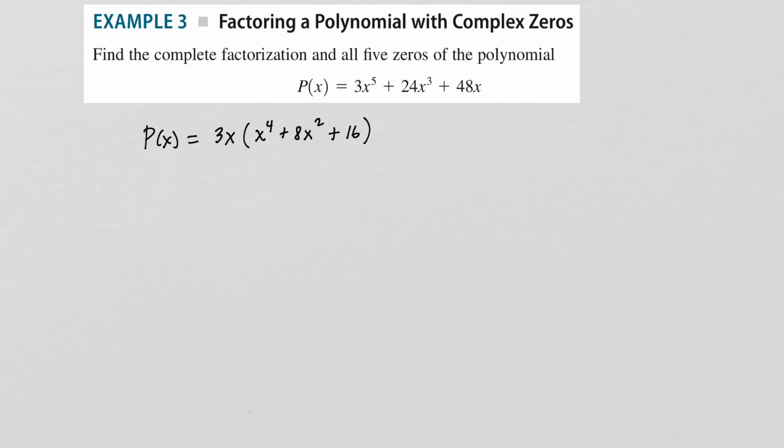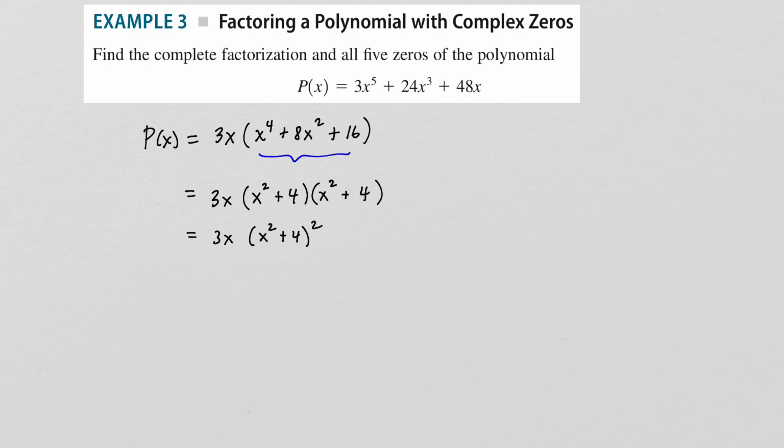Now we can factor this by using basic factoring techniques. So this becomes 3x times: x to the 4th power will factor as x squared times x squared. 16 will factor as 4 times 4. And you can see that if we put plus signs in both spots, we will get the polynomial we had up there. So now this is equal to 3x times x squared plus 4 quantity squared.